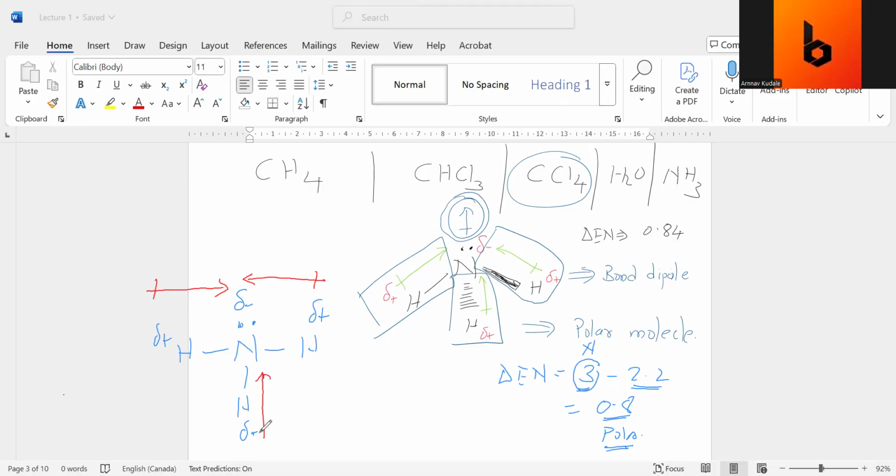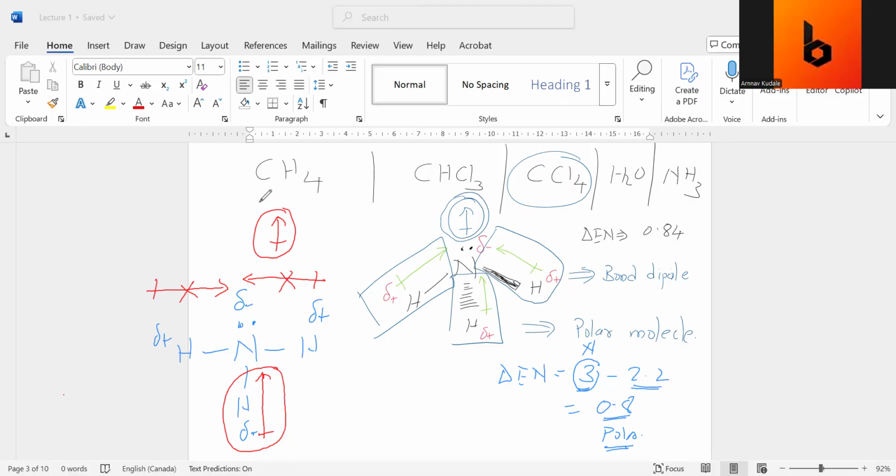Now, if you notice in this structure, it appears that this and this cancel out each other. But the one over here is remaining, correct? Because that is remaining, there is a resultant dipole moment.